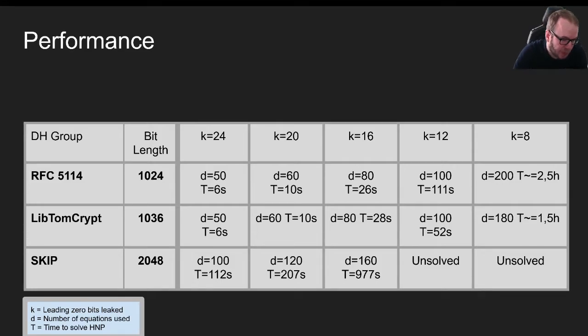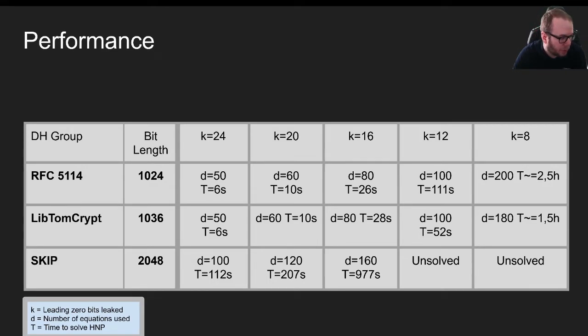Solving this hidden number problem is not very easy, so you need lots of equations. If you leak 1 byte per connection, which is k equal to 8, this means that you need around 200 equations and around 2.5 hours to compute the shared secret.